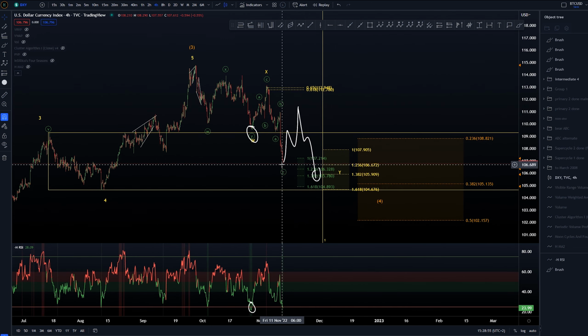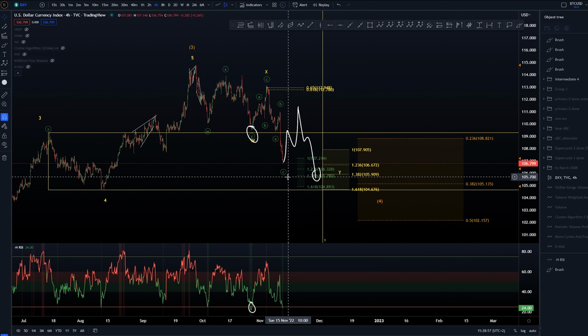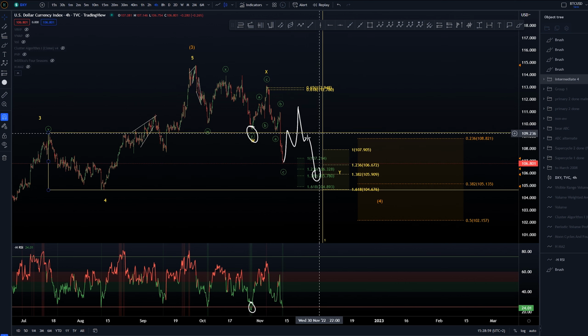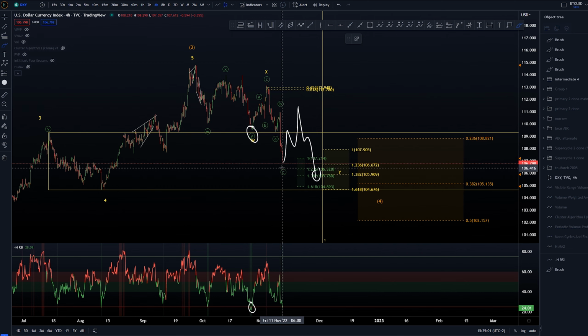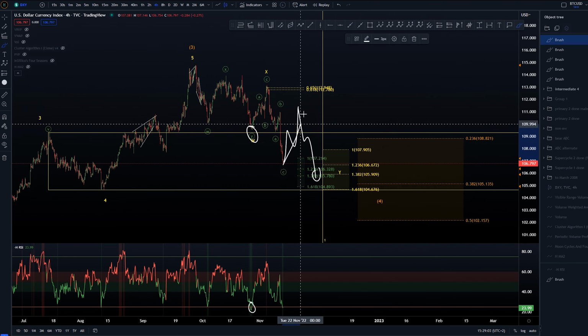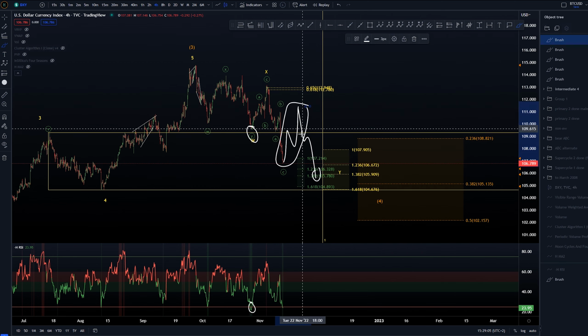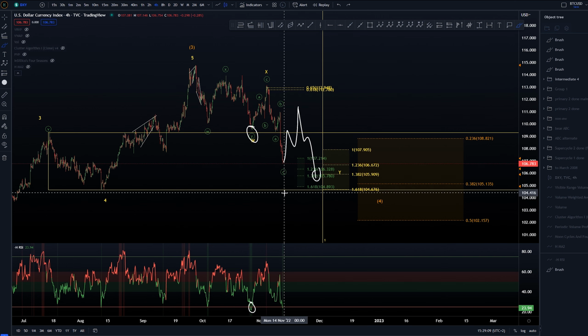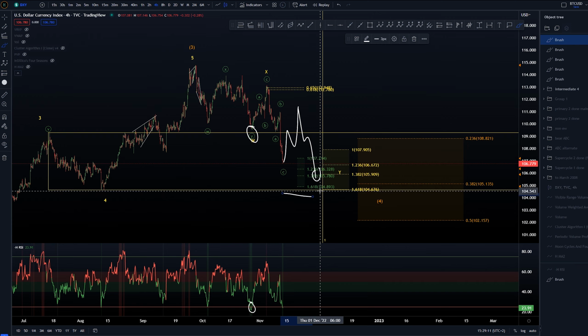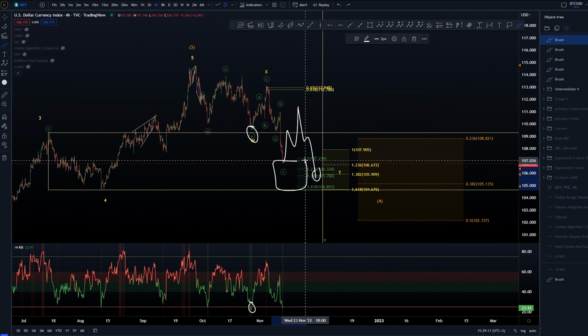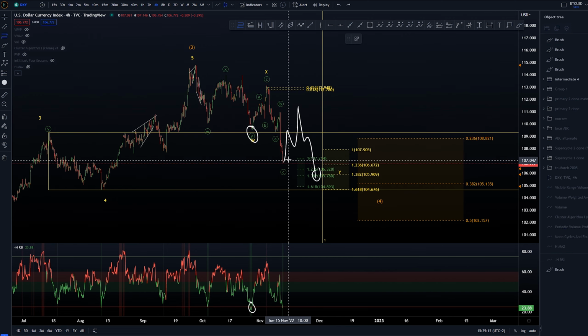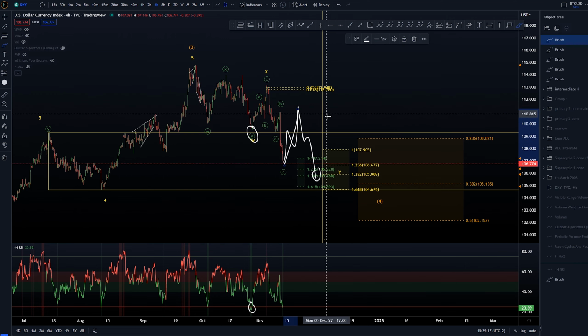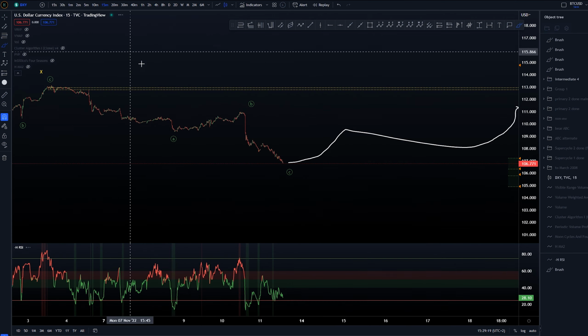I have already set up a long position on the US dollar and am trying to get this as some kind of retracement here. I do think that is more probable, but again, I do have my stop losses down here already set. So not the best risk to reward here, but I do think that we might be getting here some kind of pump up higher.